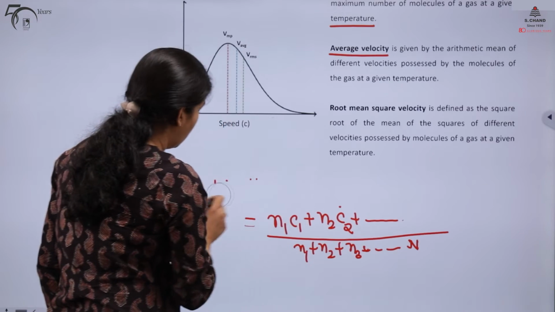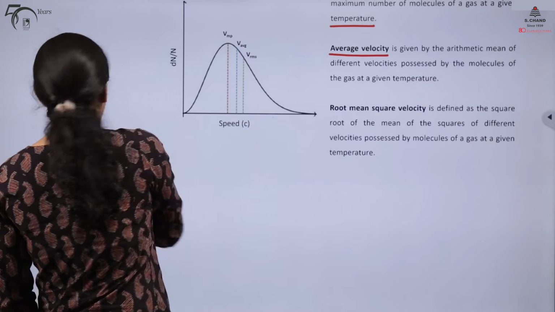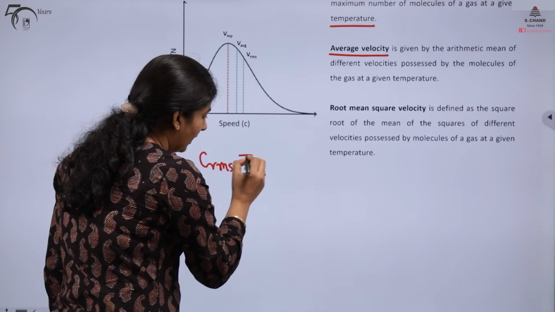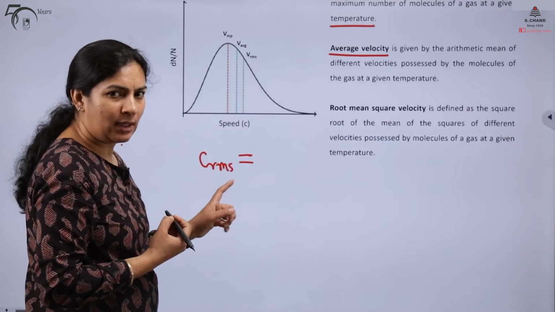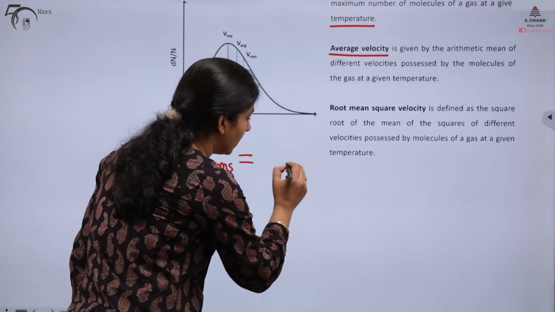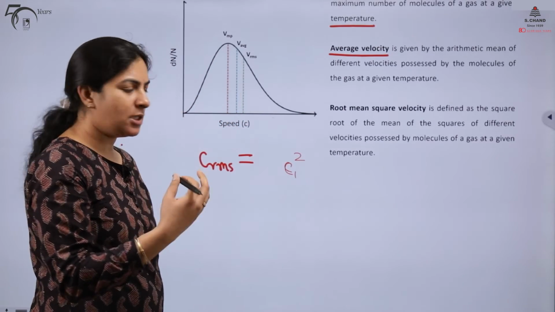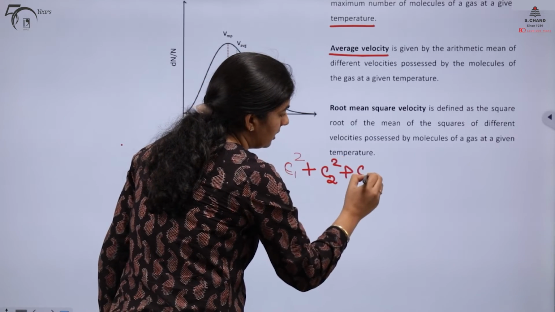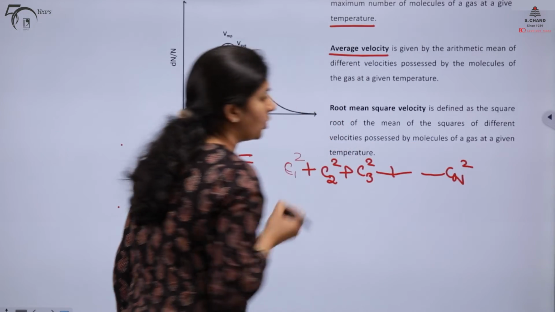Next we define the third type of velocity, which is the root mean square velocity, which we call CRMS. Let's not concentrate first on the root, let's concentrate on the mean square. So we take the square of the velocities: instead of C1, C2, we now take C1 square, C2 square, C3 square and so on up to Cn square.